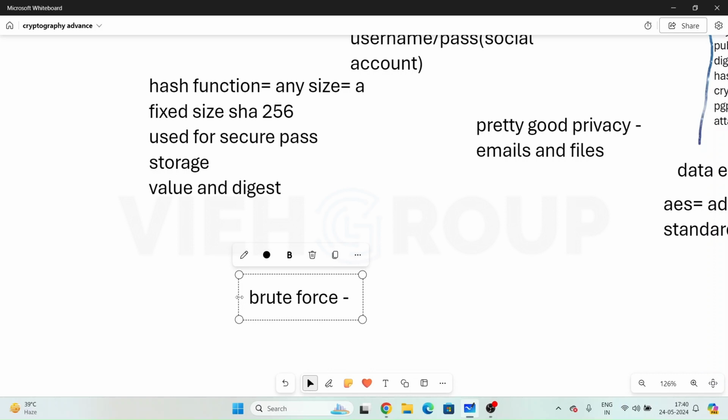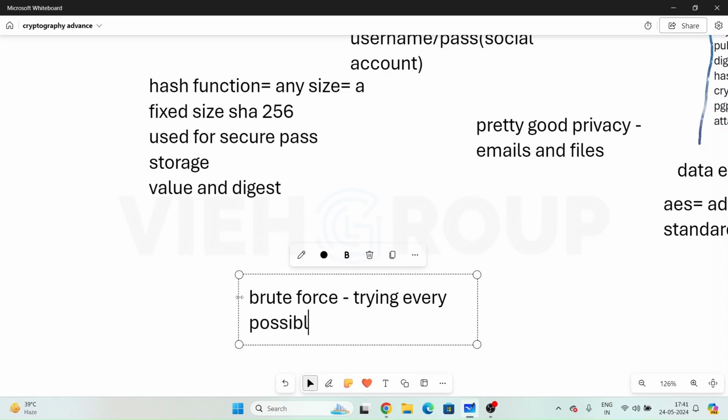In this, a hacker tries every possible key to crack it.